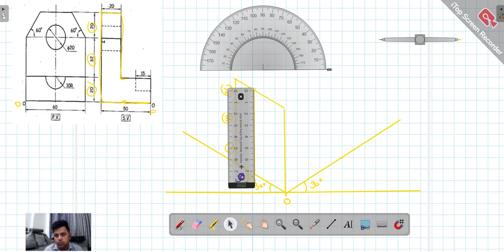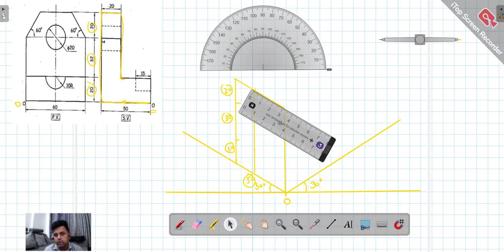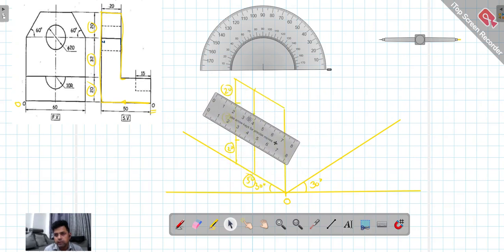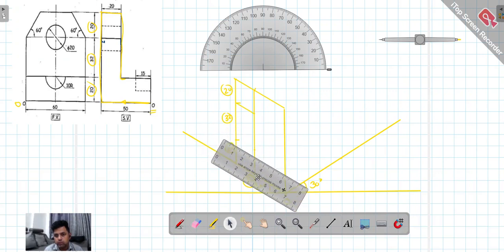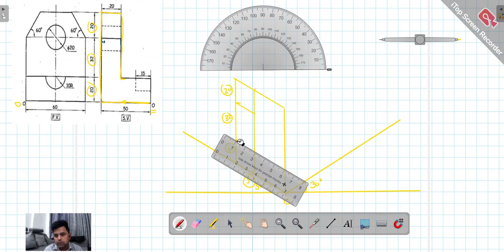Or what you can do, you can simply rotate it, and with the help of this first line, which you marked 20, you can draw a 20 line, take this down, and we can directly pull a line.